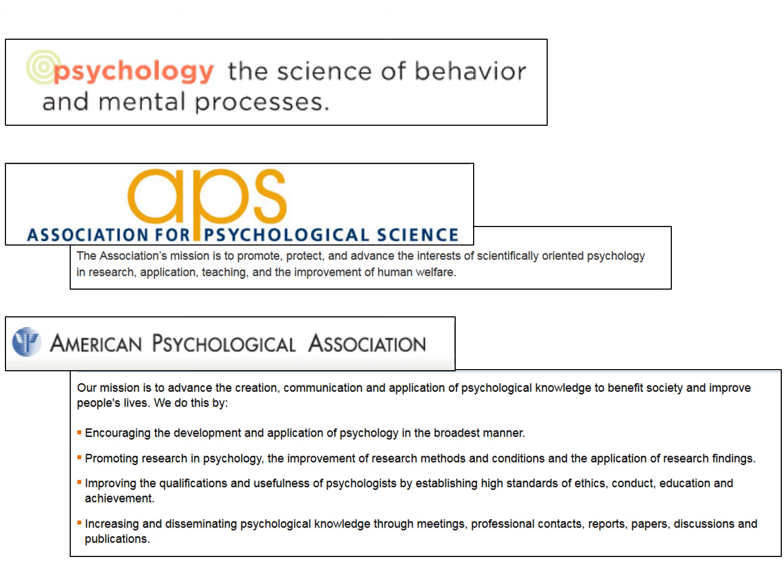The two largest professional organizations for psychology, APS and APA, emphasize research and science in their mission statements. APS is actually an abbreviation for the Association for Psychological Science. In 2005, the members voted to change the name of the organization from the American Psychological Society to emphasize the scientific nature of the discipline.